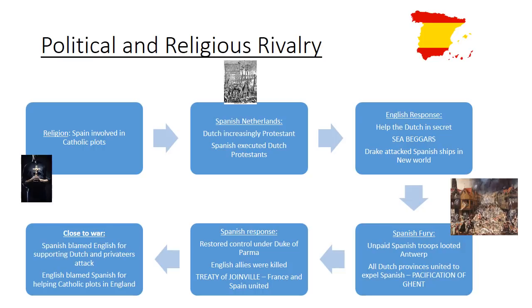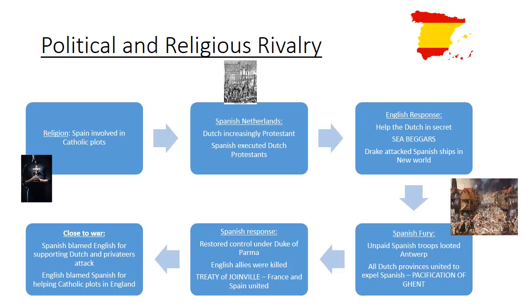Also, Francis Drake was routinely attacking Spanish ships in the New World in South America and the Americas, capturing gold and stealing lots of resources from the Spanish. Because of Drake's attacks and the Sea Beggar attacks as well, the Spanish troops who were in the Netherlands often went unpaid.